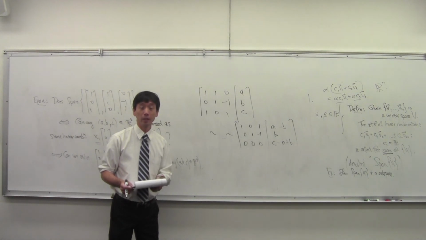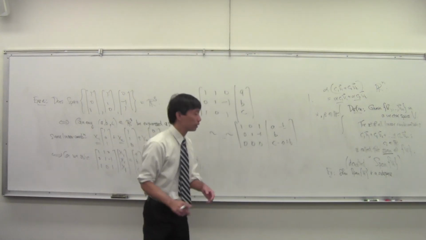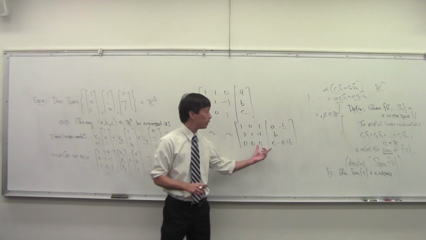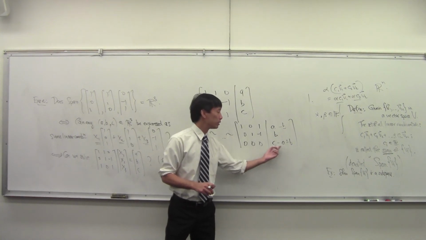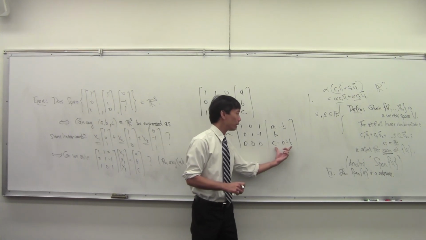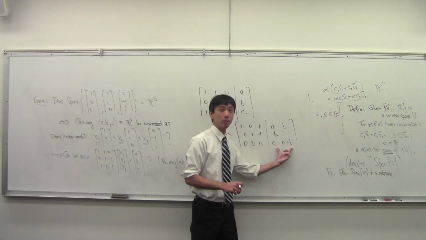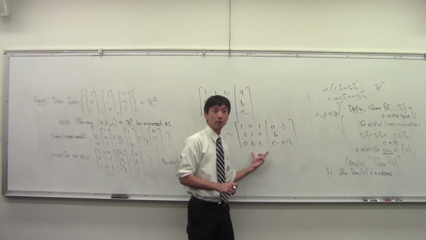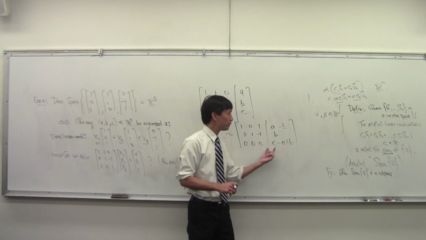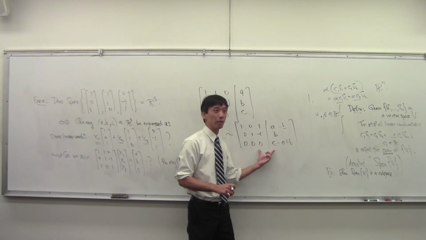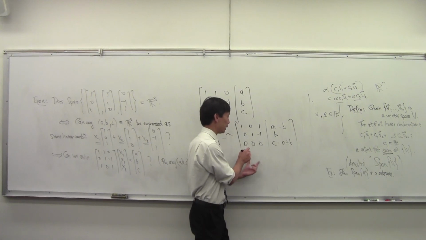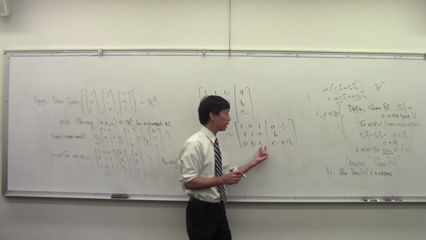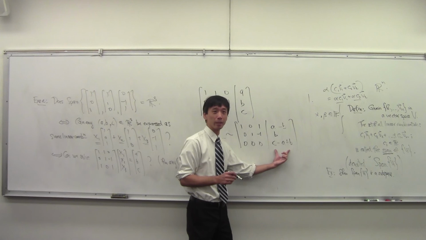Okay. That would tell you that the answer is no. Because for this to work out, you need C minus A plus B to be 0. If C minus A plus B is 0, then you're okay. But if C minus A plus B is non-zero, what you're saying is that 0x1 plus 0x2 plus 0x3 must be something non-zero.